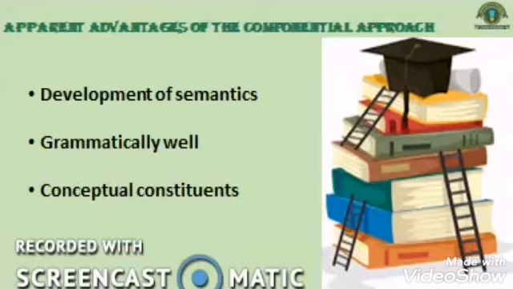The most important section is about the apparent advantages of componential analysis. The most important advantage of the componential approach to semantics is that in terms of the same set of components, we can answer two different questions.